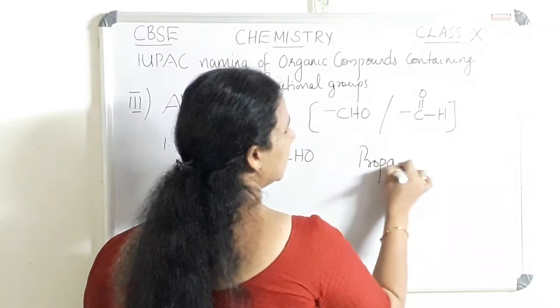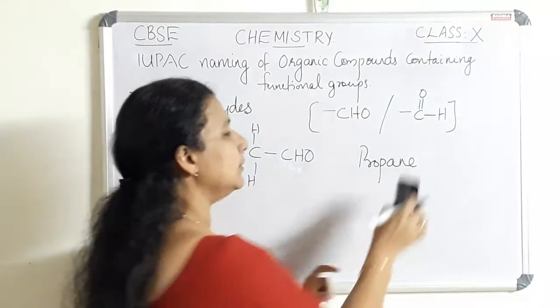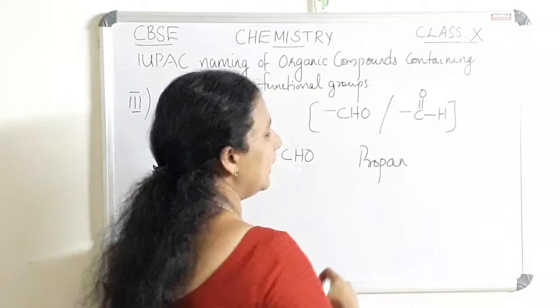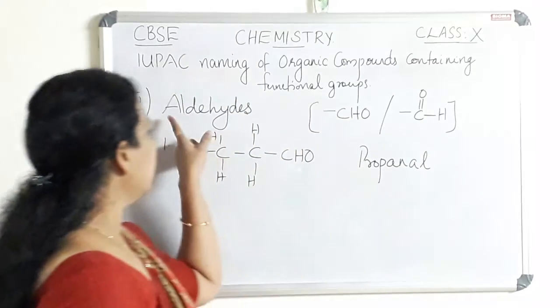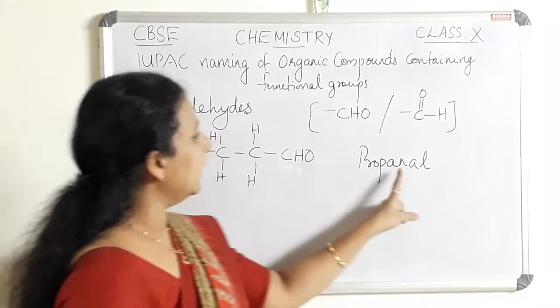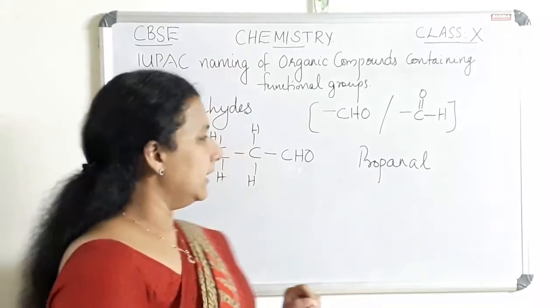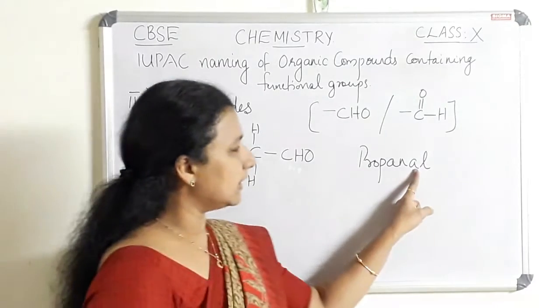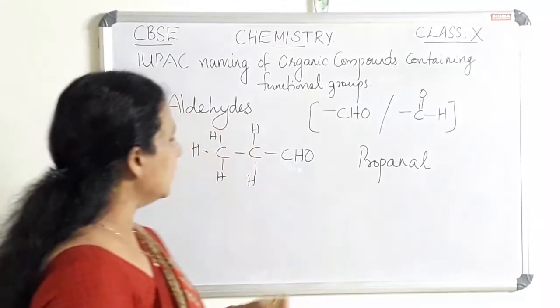So the parent alkane here is propane, and the E of the parent alkane is replaced by Al. That Al comes from aldehyde. Aldehydes are named as follows: first of all, find out the parent alkane, then the E of the parent alkane is replaced by Al. So this is how aldehydes are named.